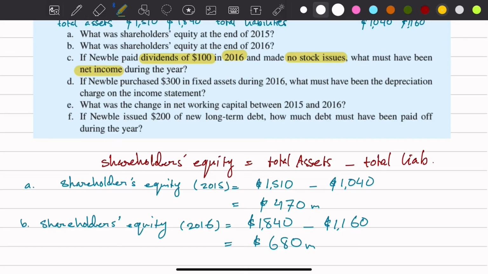If we know the dividends and the retained earnings, we can deduce the net income from that. Remember, we said that the financial managers take funds from investors, use those funds to finance their projects and to operate the business, and then they make profits. Those profits are recorded in the net income.